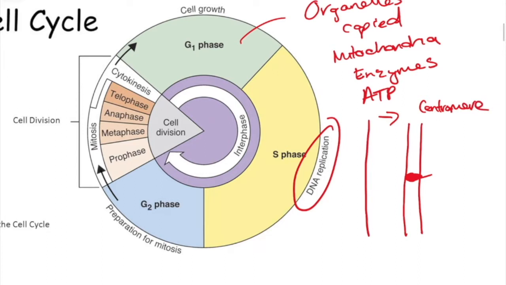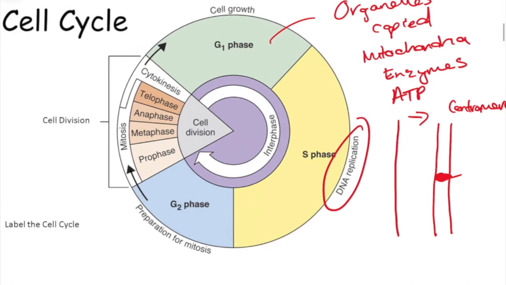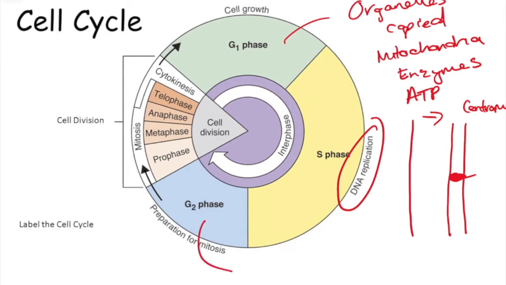So two strands, every strand of DNA is going to become two strands of DNA. And then in G2 phase, we get some further growth, and we also get checking the DNA. So we check that the copying is being done correctly. And if everything's being copied correctly, then we can move into the next stage.